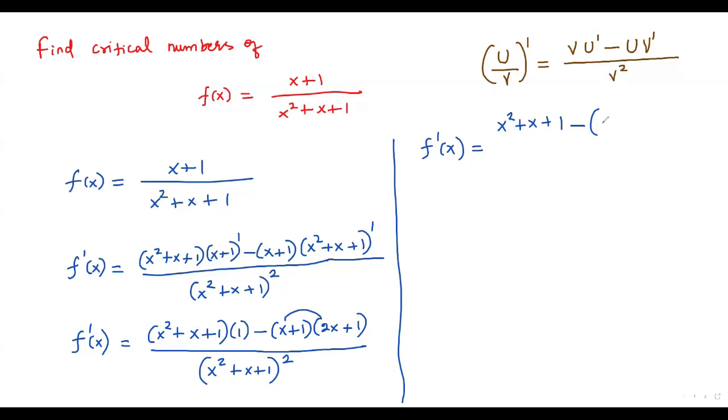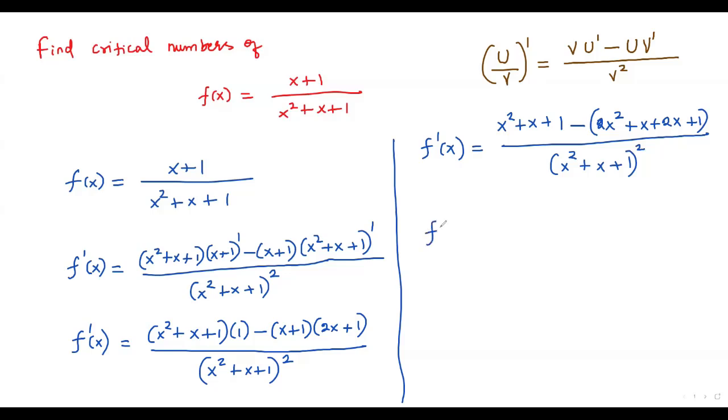When I multiply the first terms x and 2x, I'm getting 2x squared. Now the outer terms, x and 1, x times 1 is positive x. Inner terms, 1 times 2x is 2x. Now the last terms, 1 times 1 is just positive 1, over the denominator (x squared + x + 1) the whole squared.